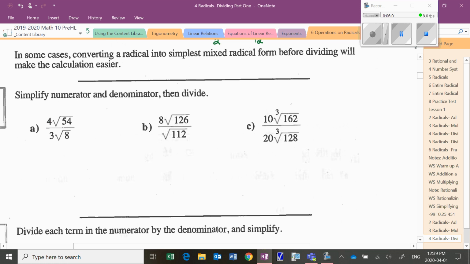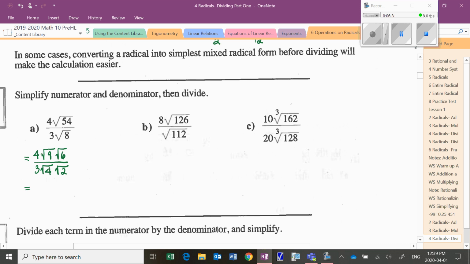So if we take a look at root 54, well, what we know is that root 54 has a perfect square factor of 9, so I could make that root 9 times root 6, and for root 8, we could make that root 4 times root 2.